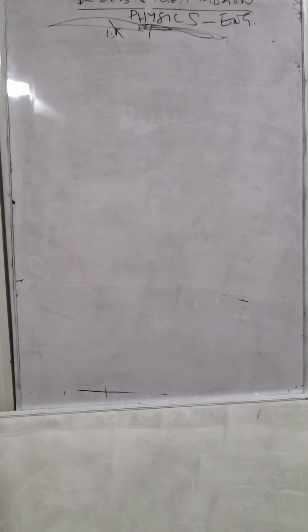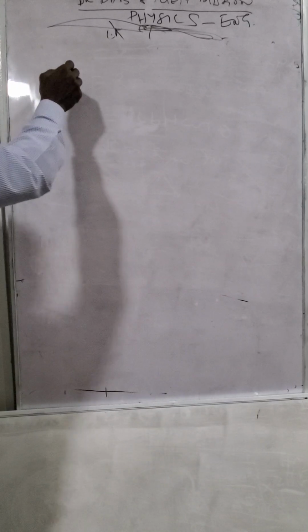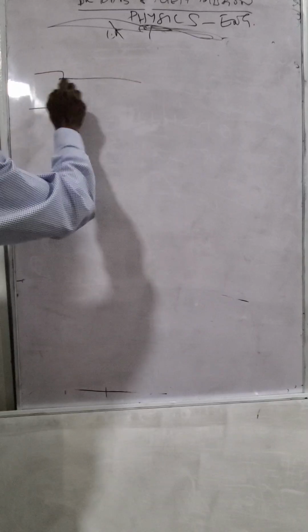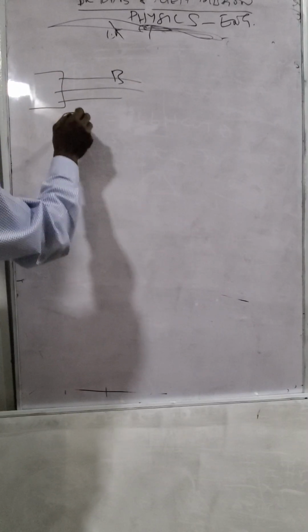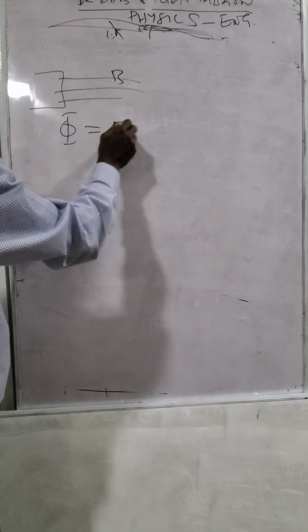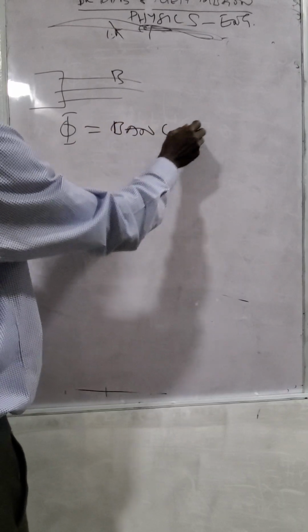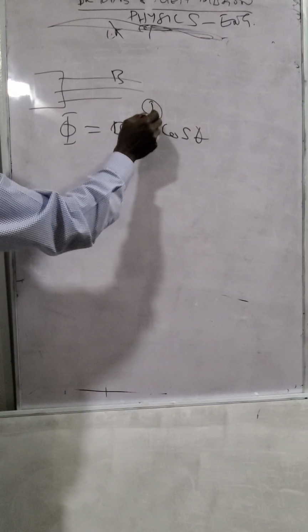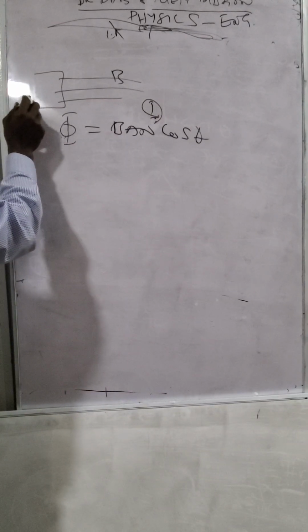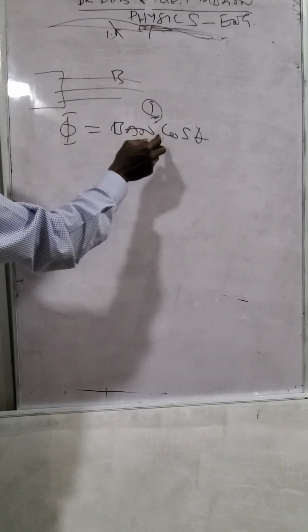So what I said was, the magnetic flux, which is φ, is given by BA cos theta. Here there's no current, because we are talking about flux. That's the magnet position, so there's no current in there.